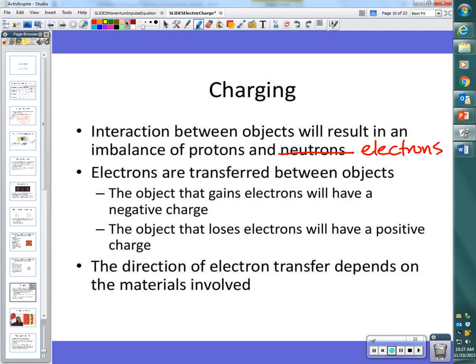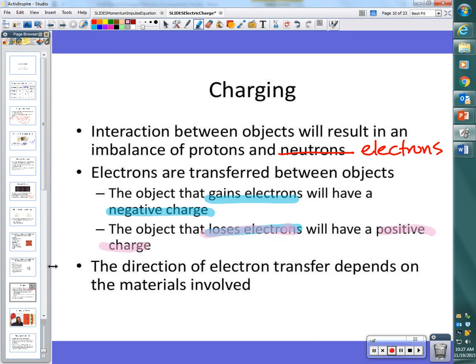If an object gains electrons, it has a negative charge. But if an object loses electrons, it will have a positive charge.